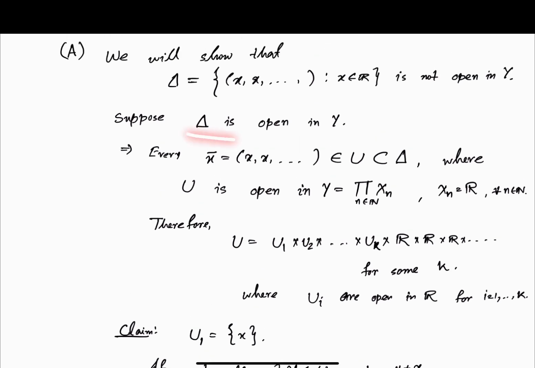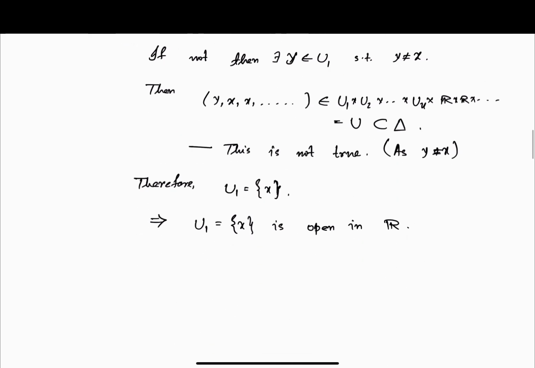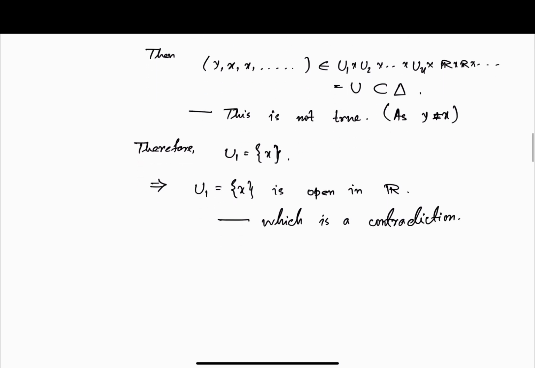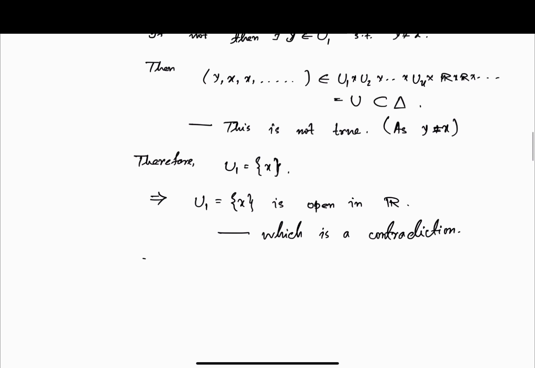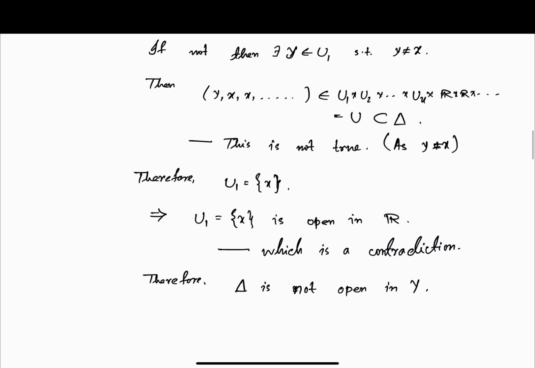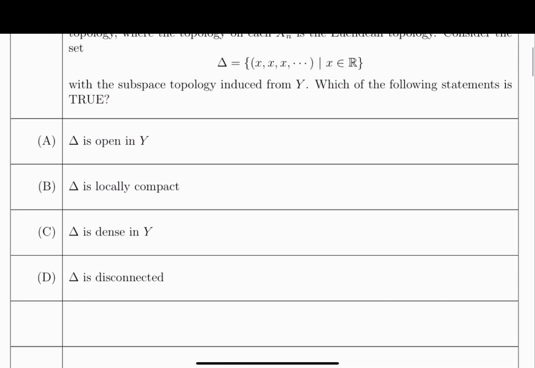Because we assumed that Delta is open in Y. Therefore Delta is not open in Y. So option A is not correct.